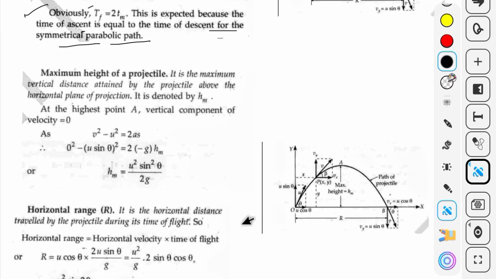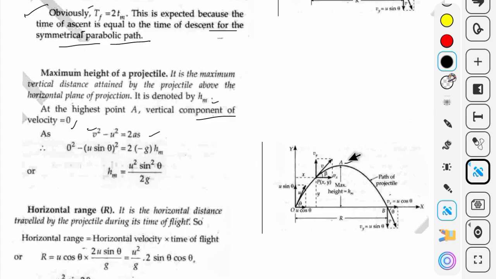Now the maximum height of a projectile, that is this height hm. It is the maximum vertical distance attained by the projectile above the horizontal plane of projection, denoted by hm. At the highest point A, the vertical component of velocity is 0. So we can write v square minus u square equals 2as.